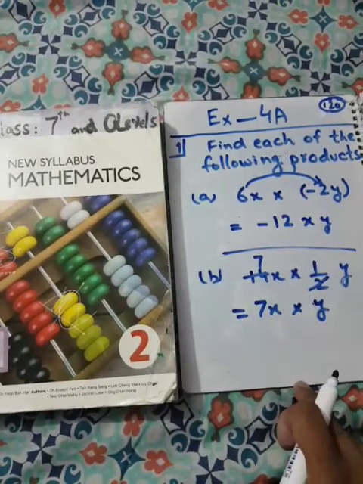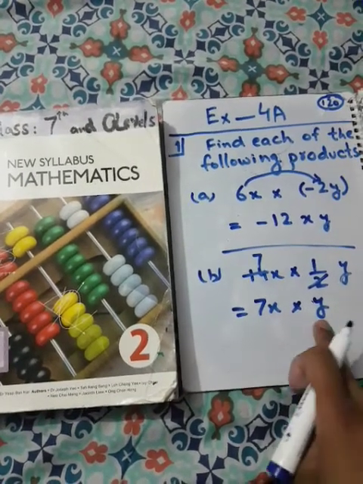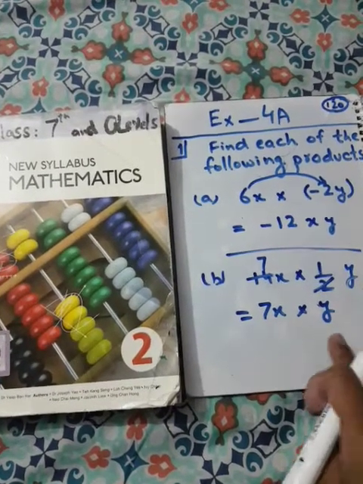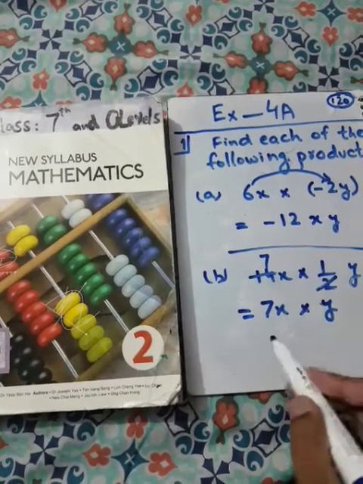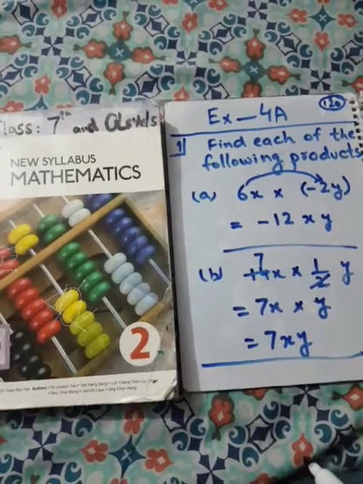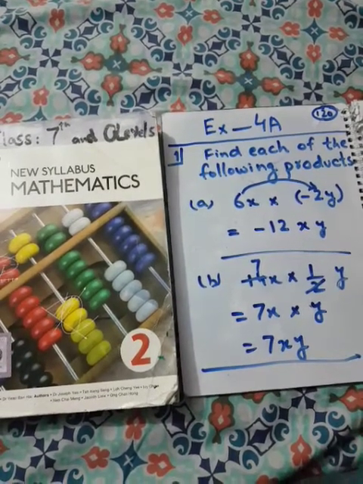When 1 multiplies with anything, anything is returned. So y returns. 7x multiplied by y will be 7xy. So this is the answer. You can also note down the B part of question number 1.